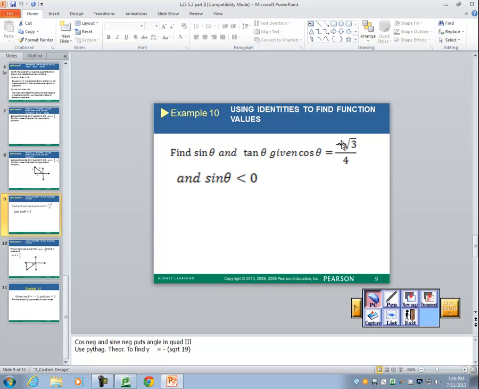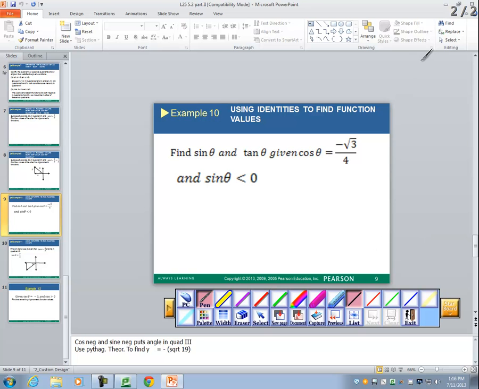So cosine is negative. So what 2 quadrants is x, or cosine, negative? Dylan? If we look at the coordinate plane, here's x, here's y.